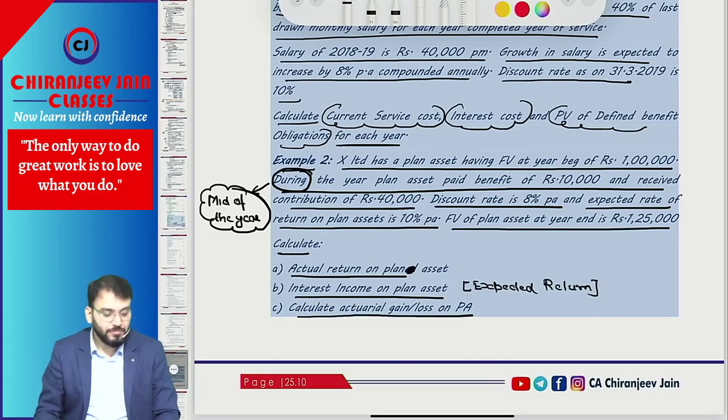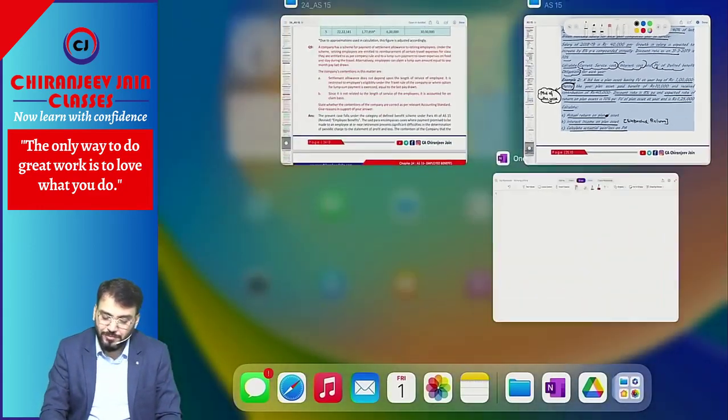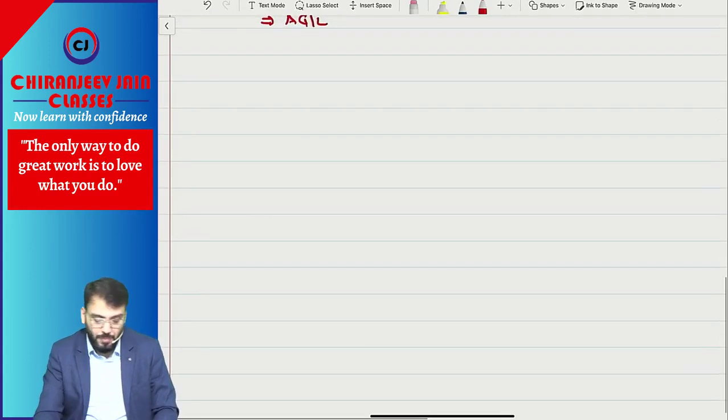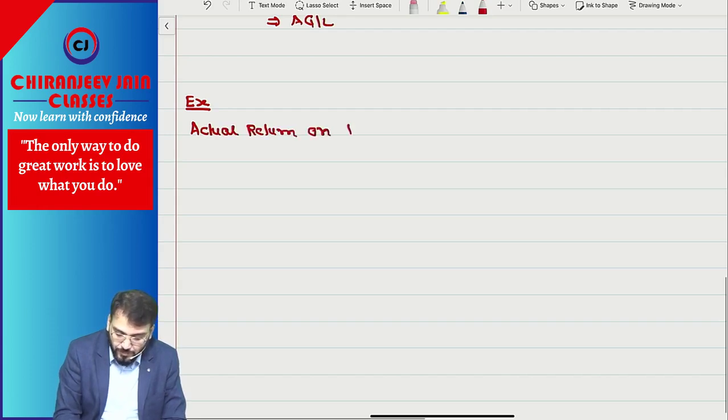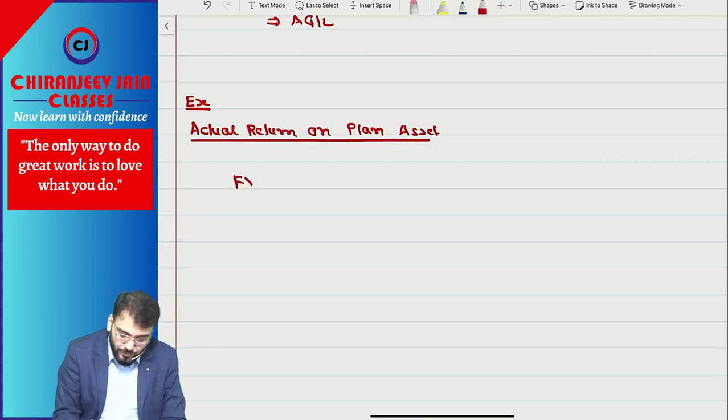Have you understood the question? First we'll calculate actual return on plan asset. We are doing example number 2. What is the fair value of plan asset at year end?